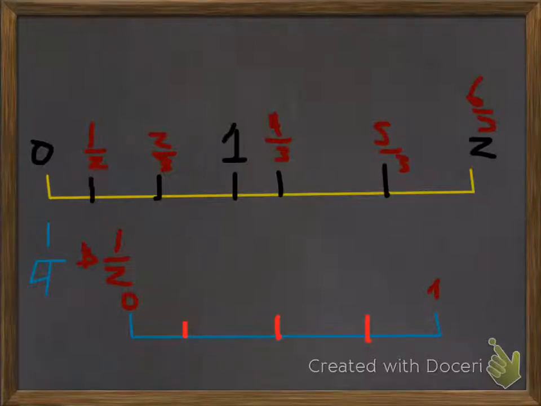So the first one would be 1/4, 2/4, and 3/4. And of course, 1 is 4/4 because 4 over 4 is 1, or 4 divided by 4 is 1. And then 1/2, you just know that 2/4 is 1/2 because 4 divided by 2 is 2, and 2 divided by 2 is 1. So you know that this is still 1/2.